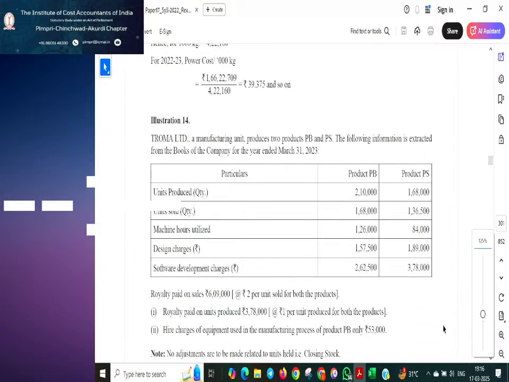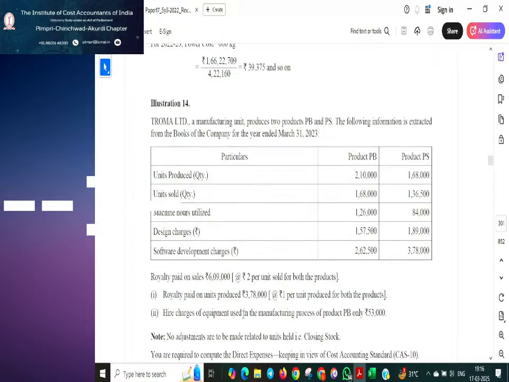Okay, and then you have royalty paid on sales, which is 2 rupees per unit sold for both the products. Hire charges of royalty paid on units produced is charged based on 1 rupee per unit produced for both the products. Hire charges of equipment used in the manufacturing process of product PB is only rupees 53,000.